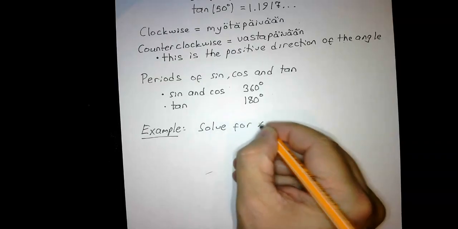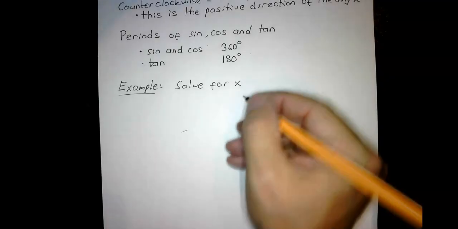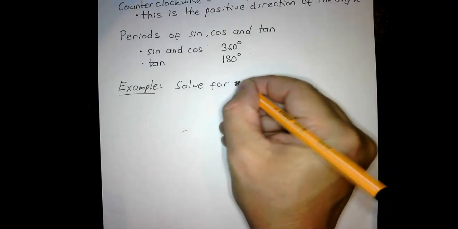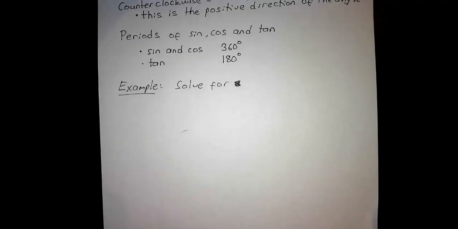Solve for x. Oh, sorry, no, let's not put x, because many times in mathematics or technology, when we are solving problems concerning sine, cosine, or tangent, this x means radians.